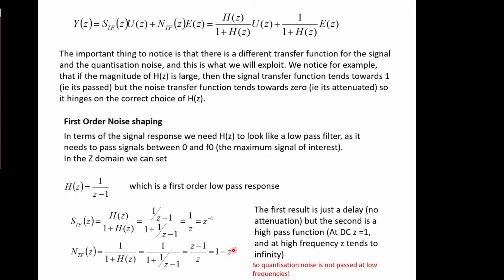At low frequencies the transfer function for the noise becomes 0, and as Z tends towards infinity, 1 over Z tends towards 0, so the noise is transferred at high frequencies. It just becomes a question of where the boundary is between low frequency and high frequency. But we have managed to separate out the quantization noise from the signal in terms of frequency spectrum.